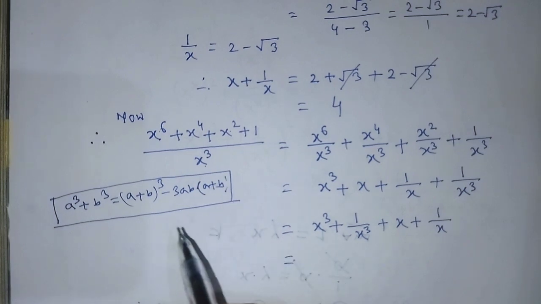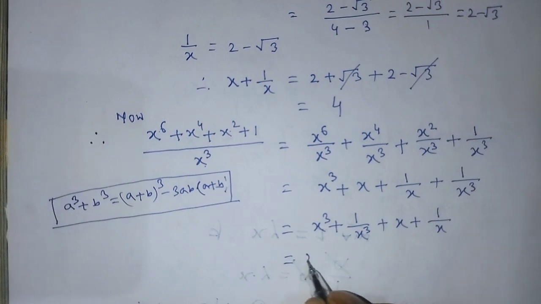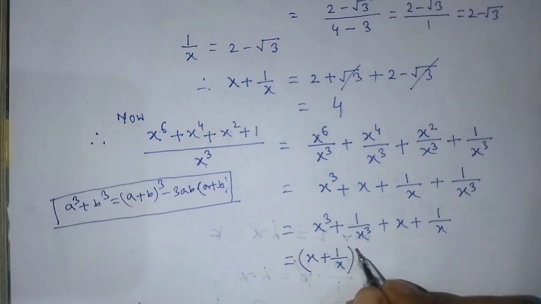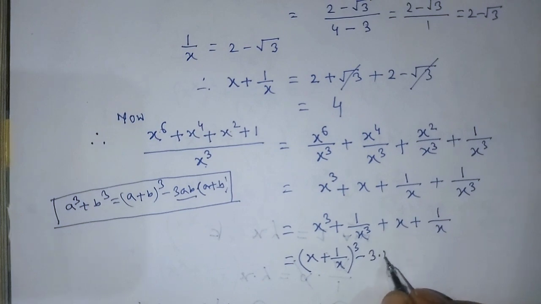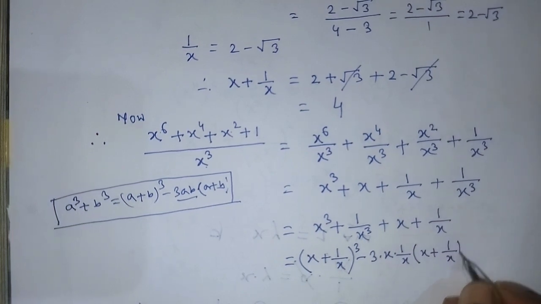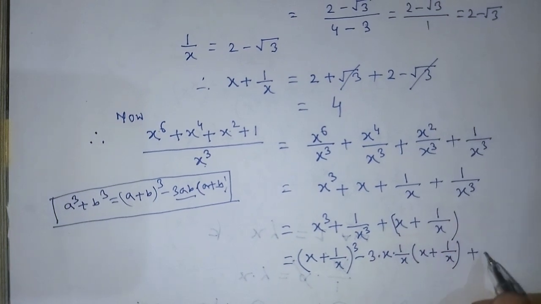According to this formula, we can write x plus 1 over x whole to the power 3 minus, in the place of 3ab, 3 into x into 1 over x into x plus 1 over x, plus again x plus 1 over x.